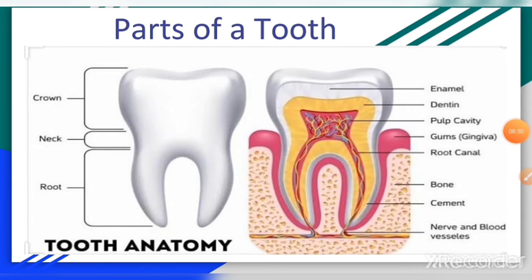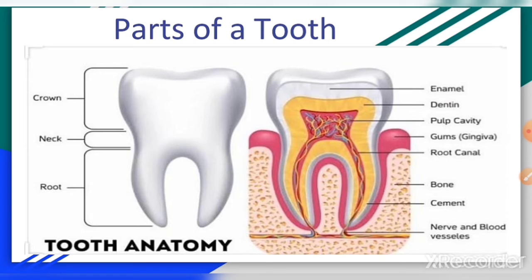As you know, teeth are hard structures which are used to chew food, and they are not made like the rest of the skeleton but have their unique structure. Now here, a tooth has a crown and a root.